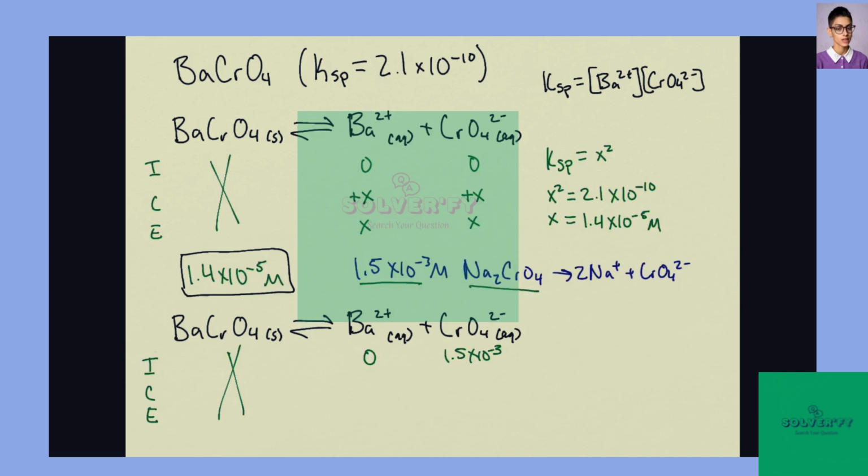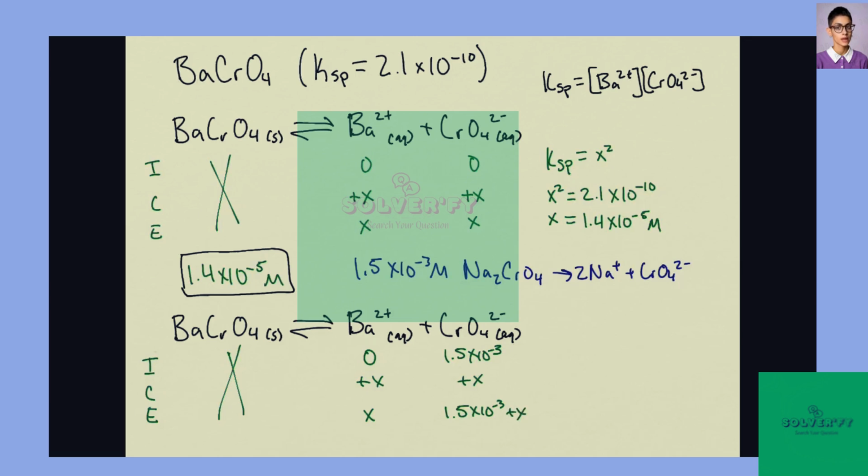And the reason it's the same concentration is because there's a 1-to-1 ratio of Na2CrO4 to CrO4 2-. Our change will still be plus x. So our equilibrium for Ba2+ will be x, and for CrO4 2-, it will be 1.5 times 10 to the negative 3rd plus x.